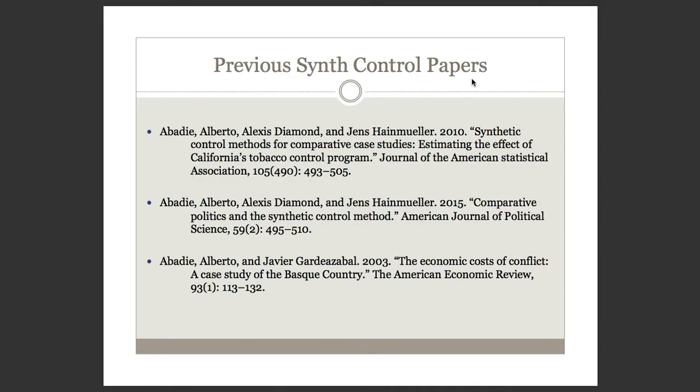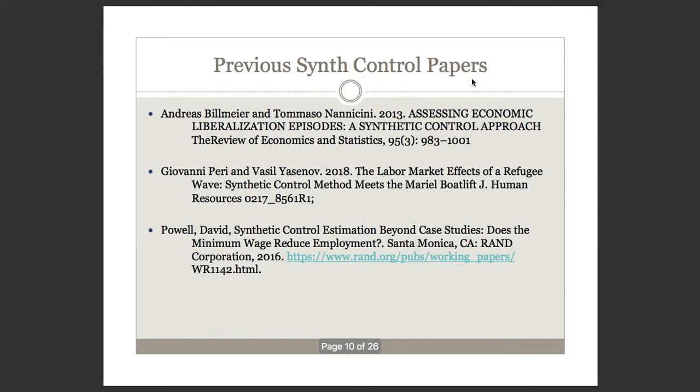The synthetic control method was made popular by Abadie and Diamond. They looked at the reunification of Germany and what the economic impact of that was, as well as a tobacco control program in California, and also episodes of terrorist attacks in the Basque Country of Spain. So I'll be using that same model, but taking the war in Syria as the treatment instead of the reunification of Germany or the tobacco control program.